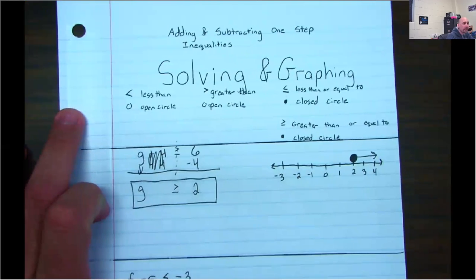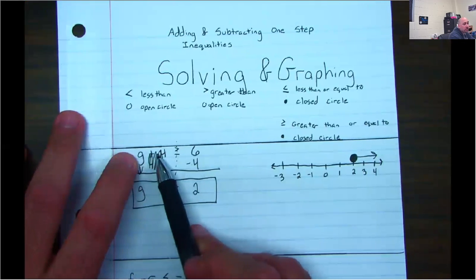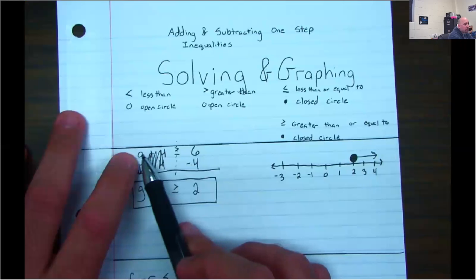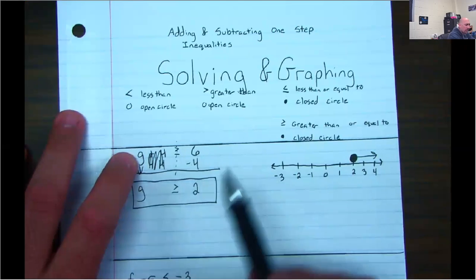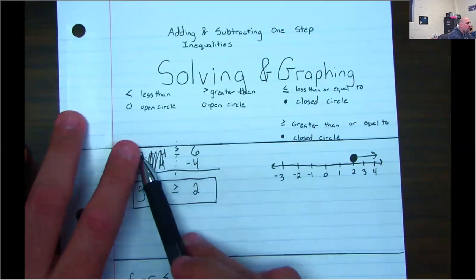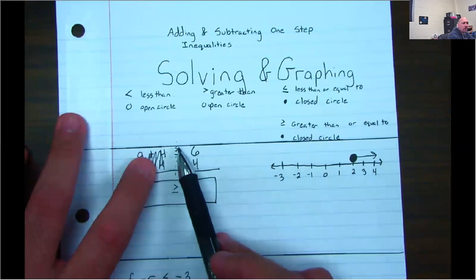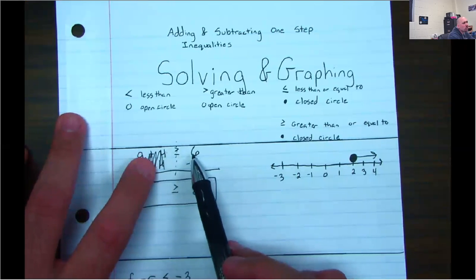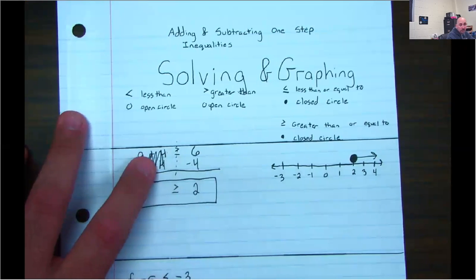That's what we mean by multiple answers. If I plug in a 3, it'll make the solution true. If I plug in a 4 for G, my solution will be true. Now, what if I plug in a 1? 1 plus 4 is 5. Is 5 greater than or equal to 6? No, so that's why it's not a solution. It does not work.